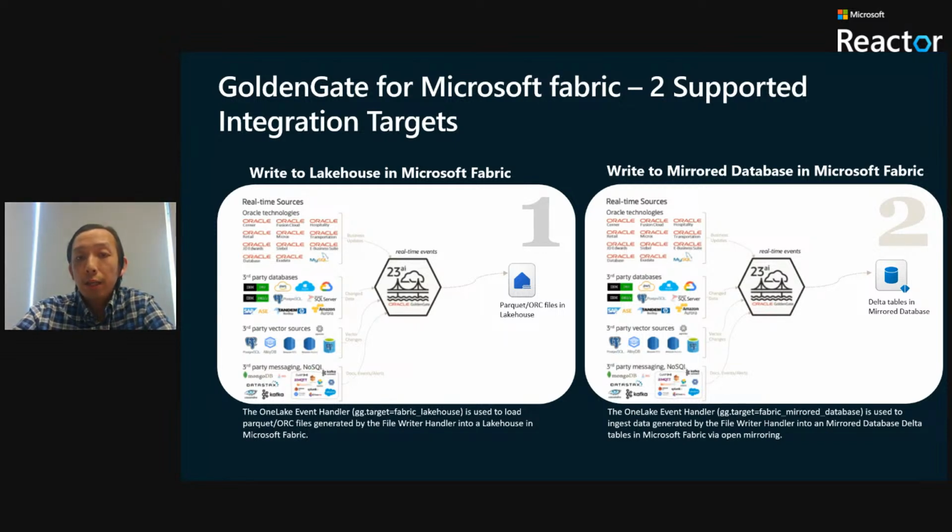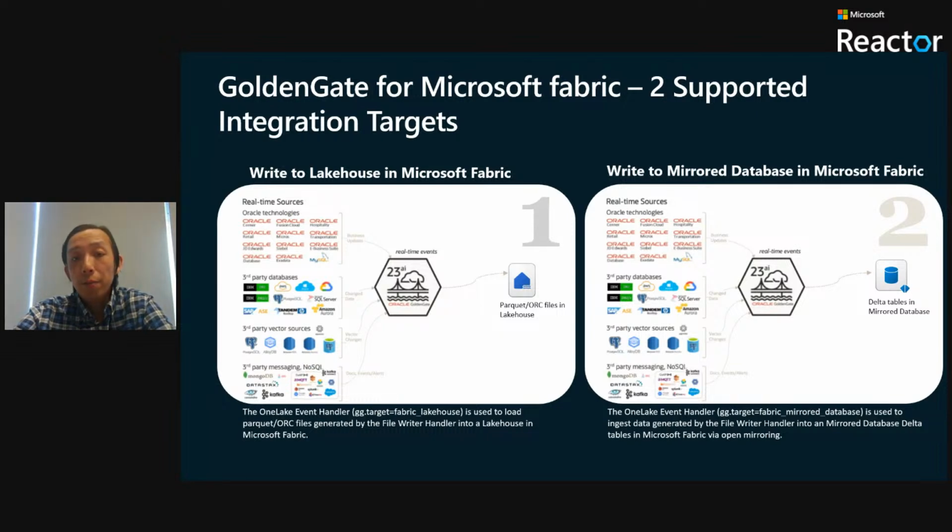The second one, which we are focusing on today, is that GoldenGate can write to a mirror database in Fabric as the target. Here we are using the technology called open mirroring, where the mirror database offers a OneLake folder, as we call it, a landing zone. GoldenGate will write change data files to the landing zone as Parquet files.